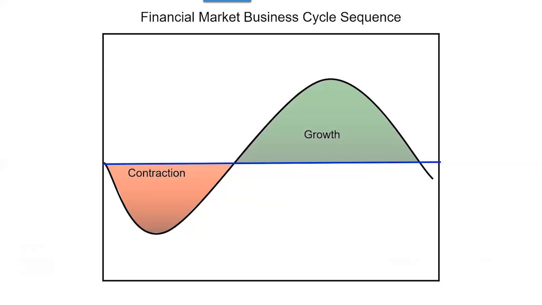So the other thing is that the peaks and troughs of the three markets, bonds, stocks, and commodities, happily all fall into this business cycle sequence. So it begins as we move into a recession, with bond prices bottoming out as interest rates peak. Typically, you have to be in the recession because the Fed is usually, and it controls obviously the supply of credit, which influences the price of credit, which is interest rates.